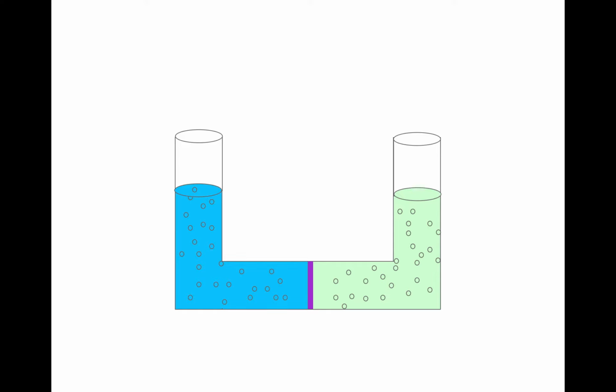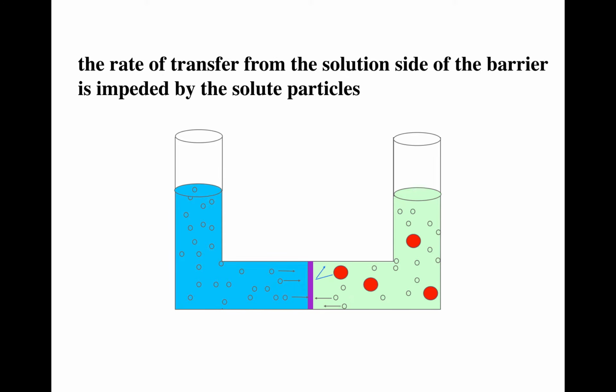we need solvent on both sides of a porous barrier. The rate of transfer of the solvent particles across the porous barrier is equal, right? So the levels of the fluids don't change. If I put a solute on one side, it obstructs these solvent particles from getting access to the porous barrier, and you impede the rate of transfer of solvent particles across the barrier on this side.